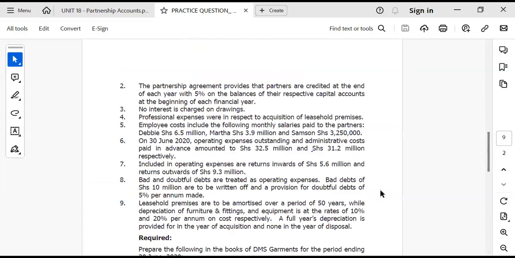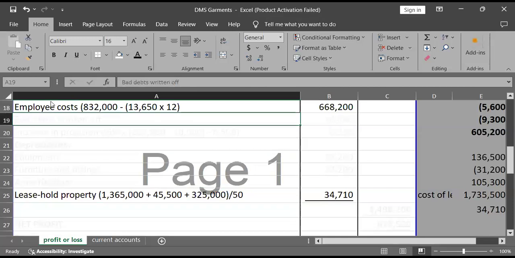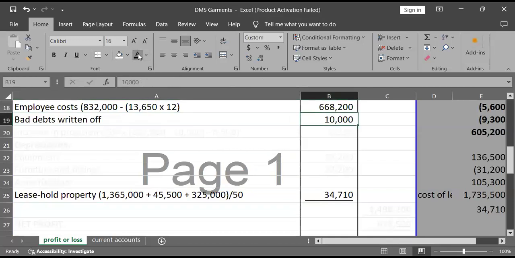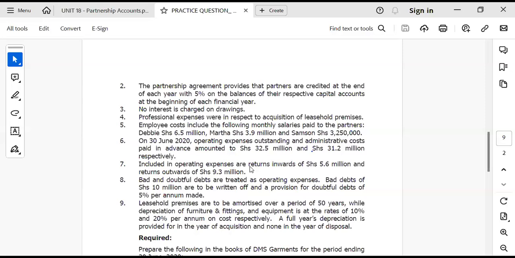So before we go anywhere else, let's write off those bad debts of 10 million, because when we are writing off bad debts, we shall expense the money that has been written off. So that it reduces our profit, since in the previous period we had a higher profit of 10 million. So now in the next period, we are making up for that loss that we have incurred. So we have shown that we have written off 10 million.